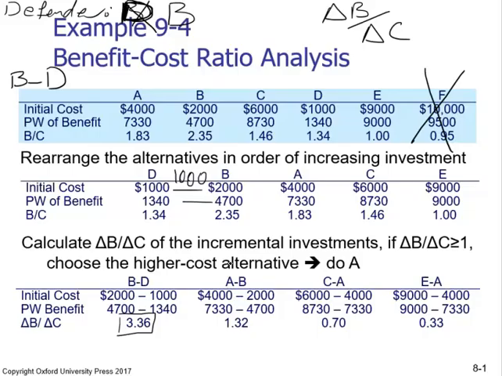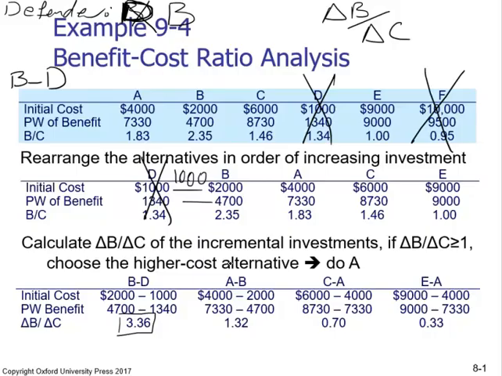So D is out. Now we have B as the defender. So we are going to compare A and B together to see if that $2,000 extra to get A is worth it.